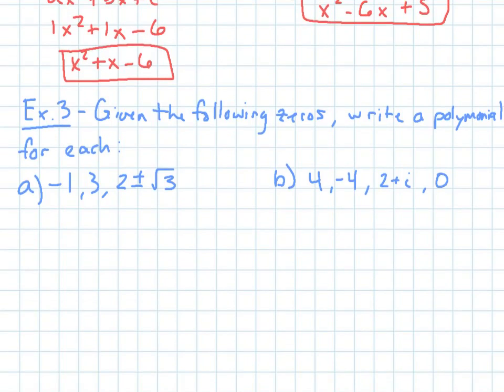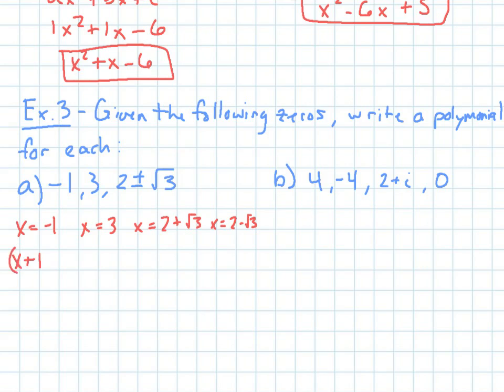Remember, these are all x equals. So x equals negative 1, x equals 3, x equals 2 plus square root of 3, x equals 2 minus square root of 3. I'm going to write these as binomials instead, so move them back over.